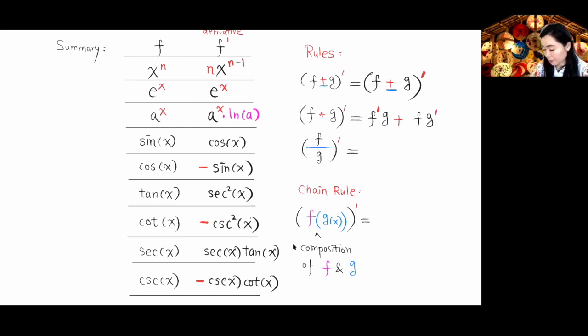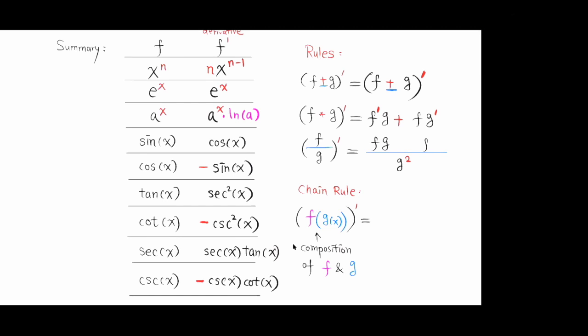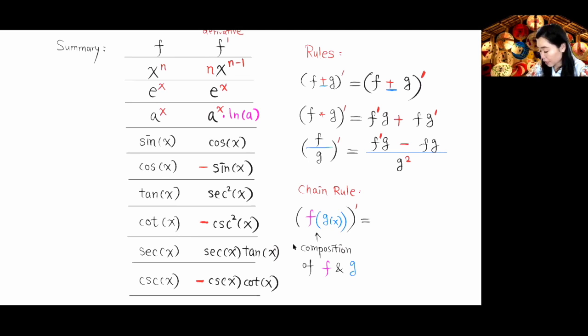And then the quotient rule: g squared in the denominator, and in the numerator f prime times g minus f times g prime.